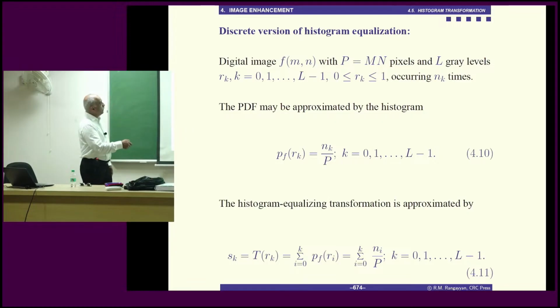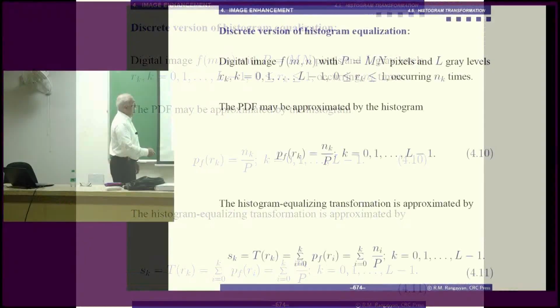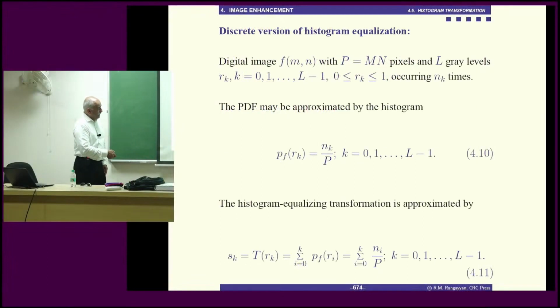So the PDF may be approximated by the histogram n_k over P. Number of times each pixel occurs divided by the total number of pixels, that's all. The integration s_k equal to T(r_k), the transformation is the sum i going 0 to k of p_f(r_i). The integral becomes a sum of all the probabilities of occurrence of the input gray levels, which is the sum i going 0 to k of n_i over P. n_i is the number of times the ith gray level occurs in the input. Discrete.